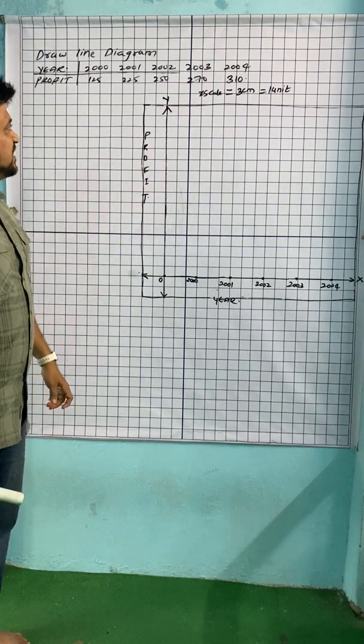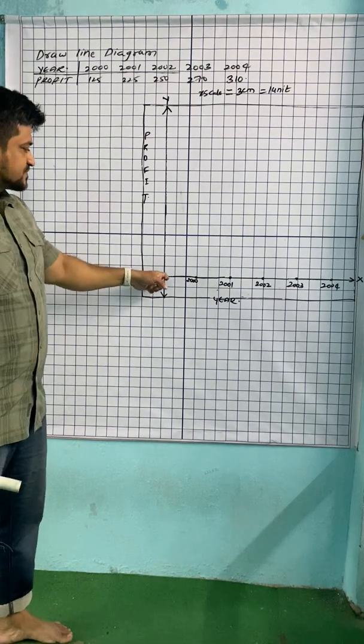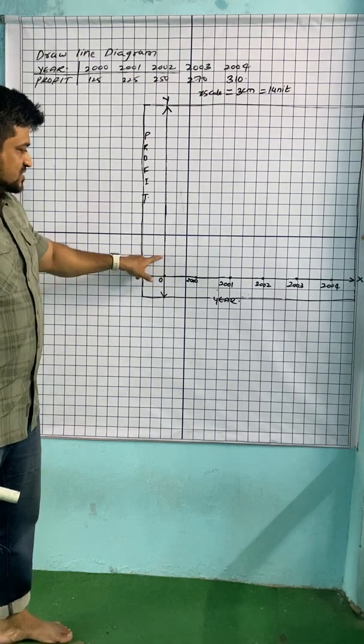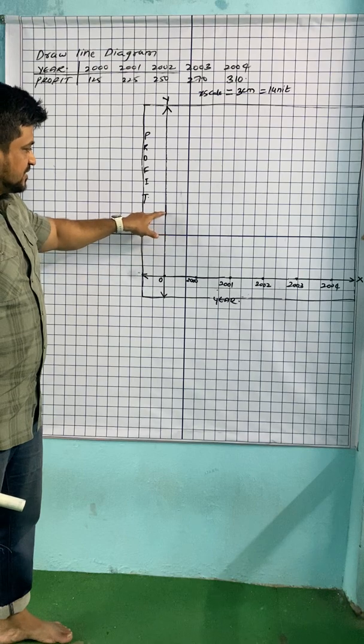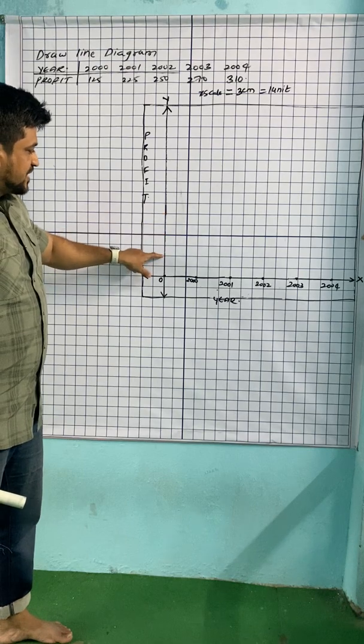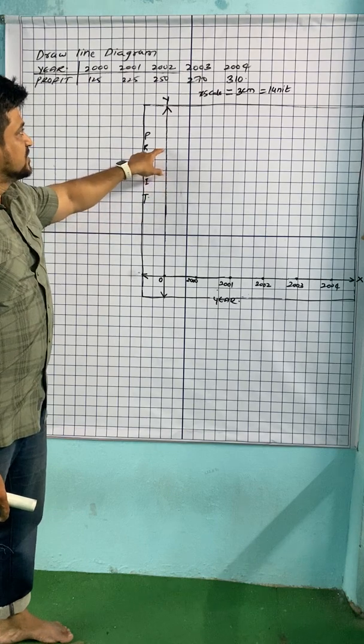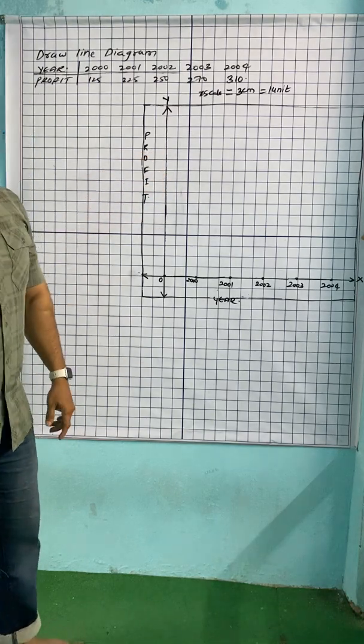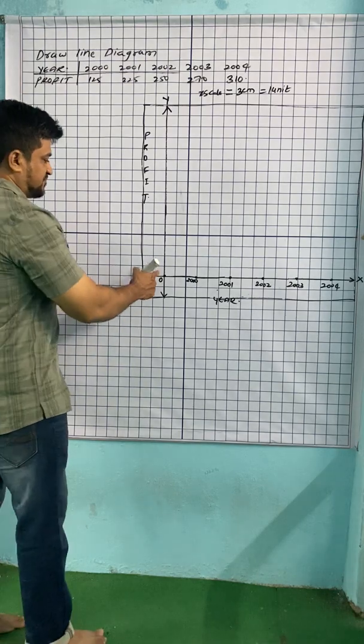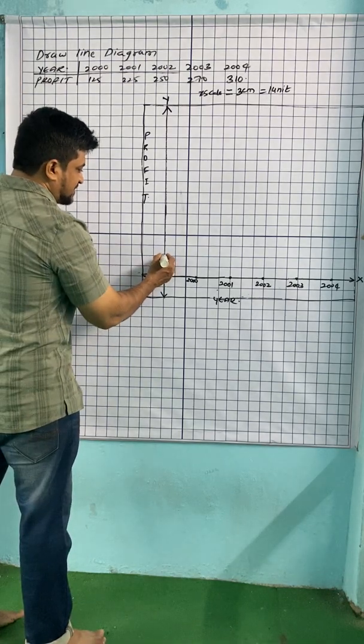Okay. If we take a difference of 30, 2 boxes, 100, 120, or 100, 150, 200, 250, 300, 350. So we can take a 50 difference each. For 0 I am starting by taking it here.